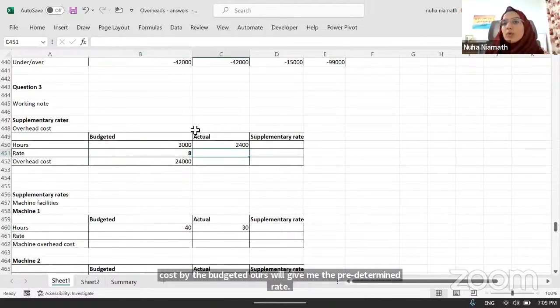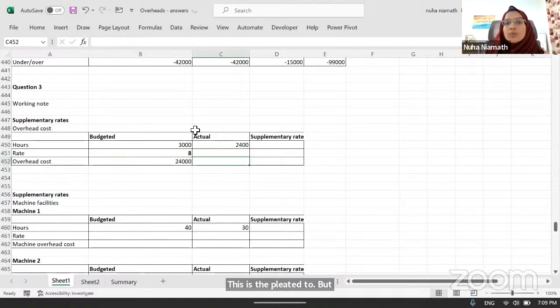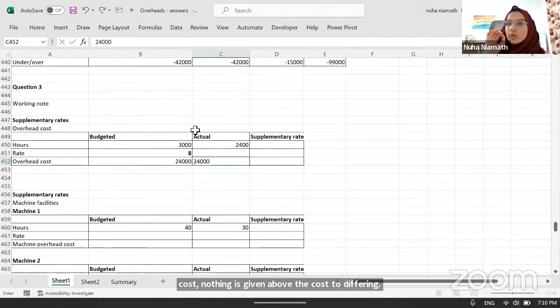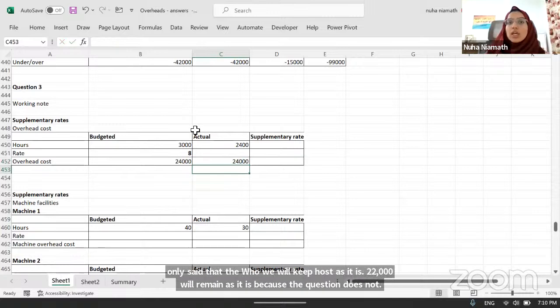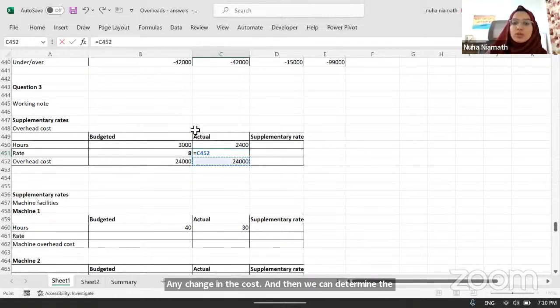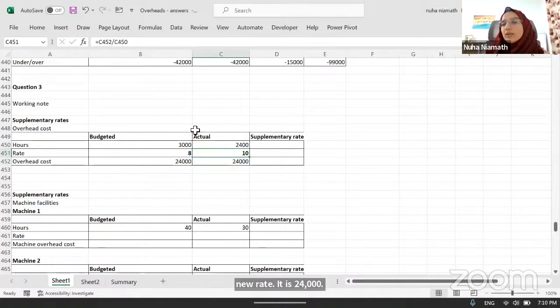But now we need to find what is the actual rate. So in this question, for this overhead cost, nothing is given about the cost differing. They've only said that the hours have changed. So we will keep cost as it is. 24,000 will remain as it is because the question does not say any change in the cost. And then we can determine the new rate, which is 24,000 divided by 2,400, which we get as 10 rupees.